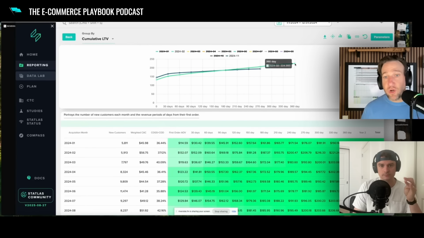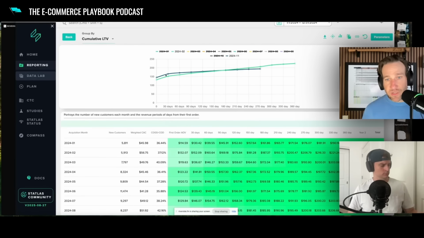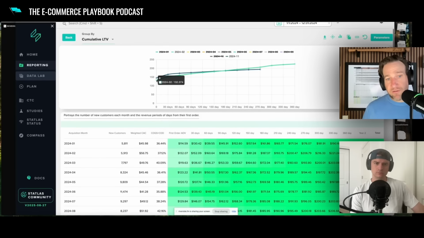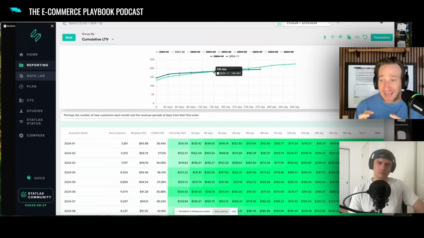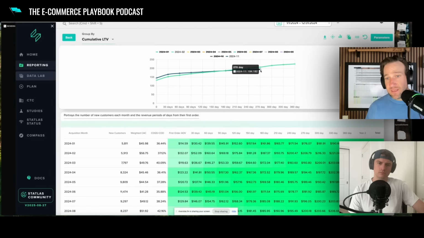That's right. The slope of this line, in other words how much additional value it captures, is greater. So even though its starting point is a $132 AOV versus $144, by day 150, so that's month 5, it's actually surpassed the cohort value of the Black Friday one, because those customers continue to increase in value at a better rate than the gifting customers.